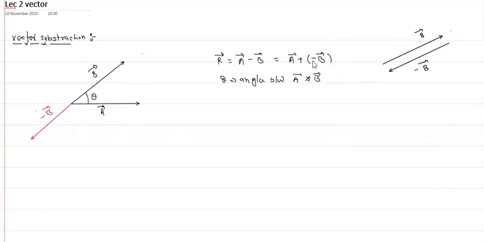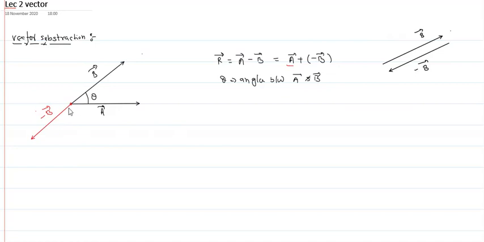So I have to add this vector A with the minus B vector. We cannot add right now because the tails of these two vectors meet. I told you in the last class, when the tails of two vectors meet, we cannot add them.